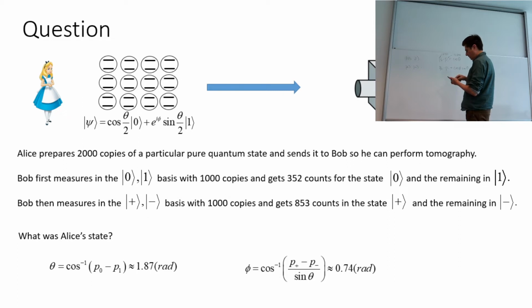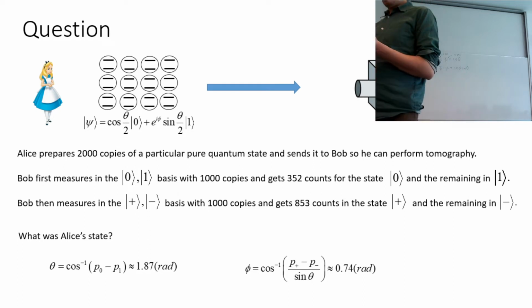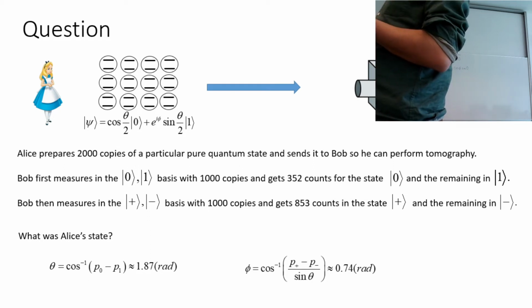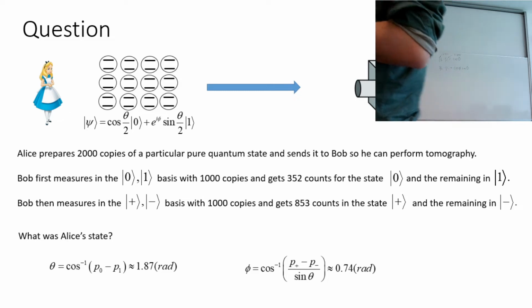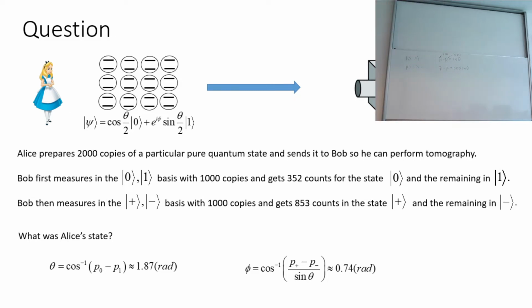Okay, I can't use my calculator. The first one is something like 1.871. Maybe it was times by pi. You get 1.87? Yeah, okay, you do get it.